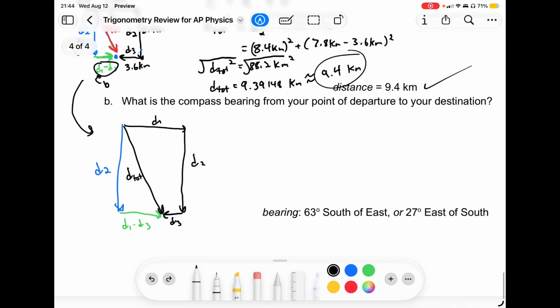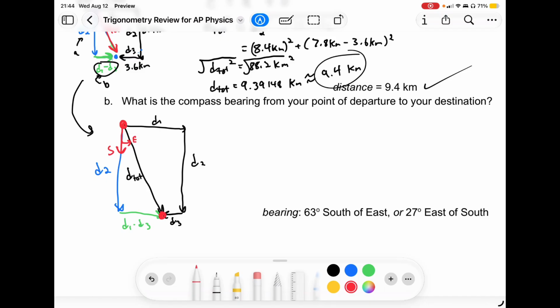Okay, so if we want to find an angle here, we're going to start up here, and then we're going to end down here. And we want to figure out what our angle is. So let's start going south, and then we'll move over to the east from the south direction.